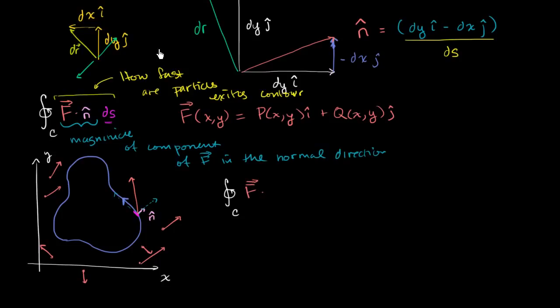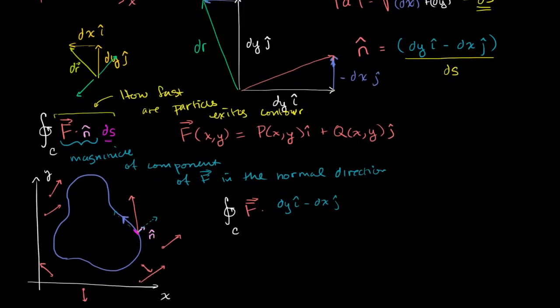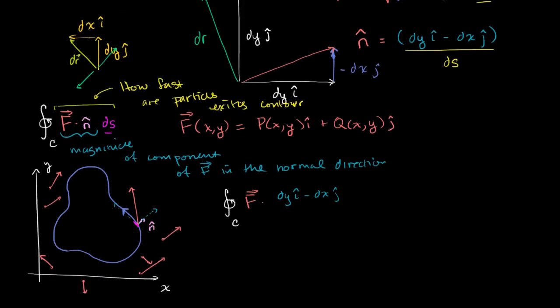A normal vector we saw was dy times i minus dx times j, and then we had to divide it by its magnitude in order to make it a unit normal vector. The magnitude was this right over here, the square root of dx squared plus dy squared, which is the same thing as ds, that little mini arc length, that infinitely small length of our contour. So we're going to divide it by ds.